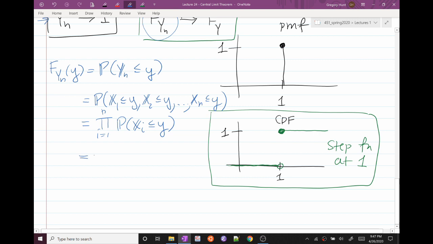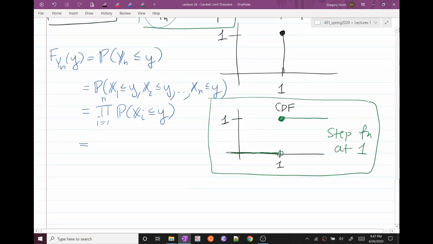And again, as we saw last time, this is basically just going to be y to the n. We have to be a little bit careful because it's y to the n as long as y is between 0 and 1.